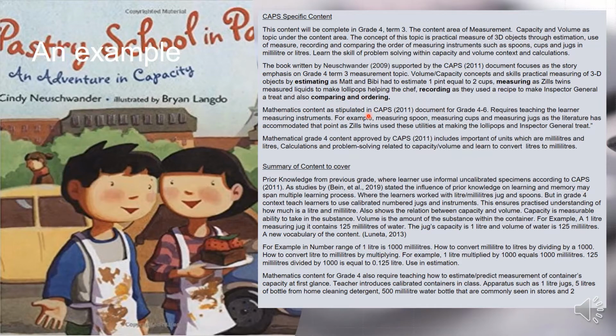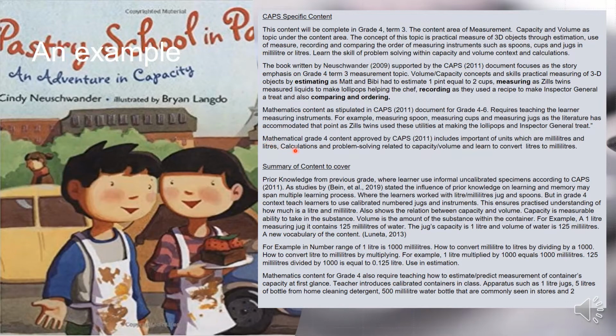Mathematics content stipulated in the CAPS documents for grades 4 to 6 requires teaching learners measuring instruments, for example measuring spoons, measuring cups, and measuring jars, and the literature has accommodated that point, as the zealous twins used these utilities making lollipops and the inspector general's treats.